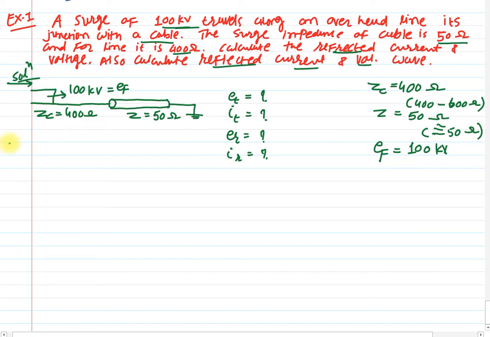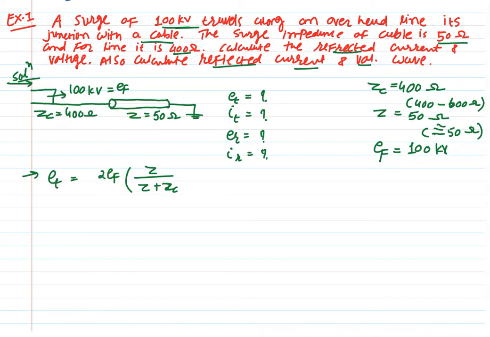So let us write down the refracted voltage wave, which is ET equal to 2 times EF into bracket Z divided by Z plus ZC. Or if you wish, you can write as per the theory, EF into 2Z divided by Z plus ZC.